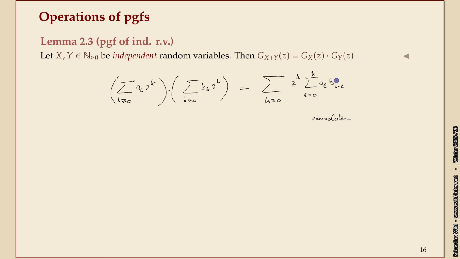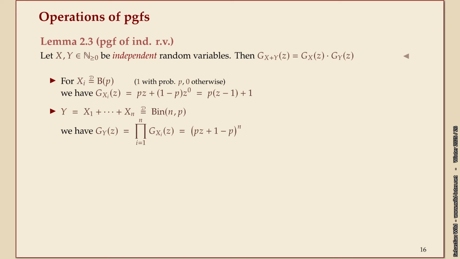If they're independent, then the probability that they jointly have these two values factors, and you get exactly the probability for X to be l and Y to be k minus l. Of course, then their sum is k, and you sum up over all different options for the value of X, say. Okay. Simple. That formula is also somewhere on the cheat sheet, if you can't remember it.